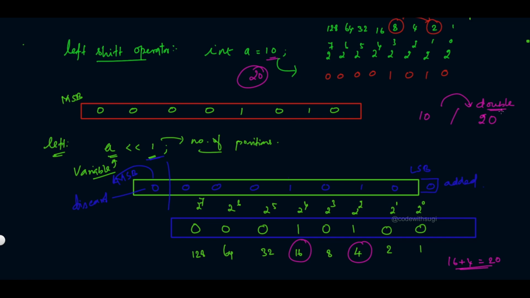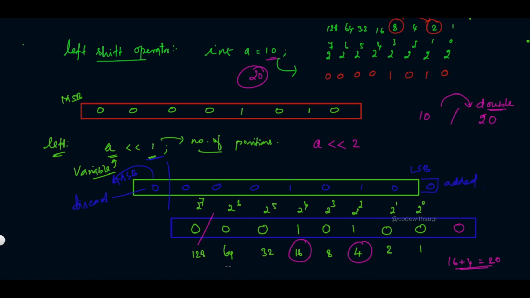So here you have to understand that whenever you do a left shift operation, the value will get doubled. So if I say 2, then what will happen? It will shift 2 bits. Then this bit will go away, right? Then a new bit will be added here with 0. Now what will be the output?